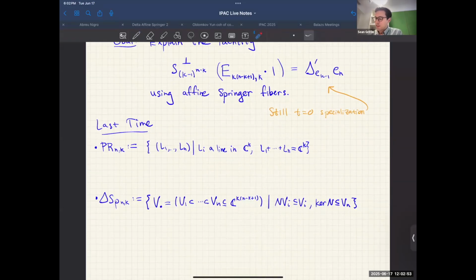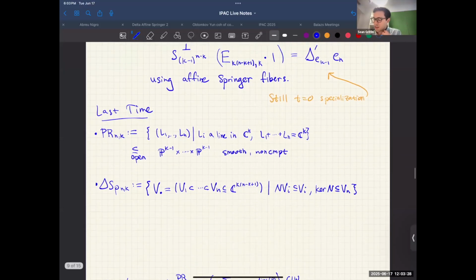First is the spanning line configuration space of Pawlowski and Rhodes. I labeled them with their last names. So, n-tuples of lines in C^k whose span is C^k. We talked about how this is an open subvariety of a product of projective spaces, so it's smooth, but non-compact.